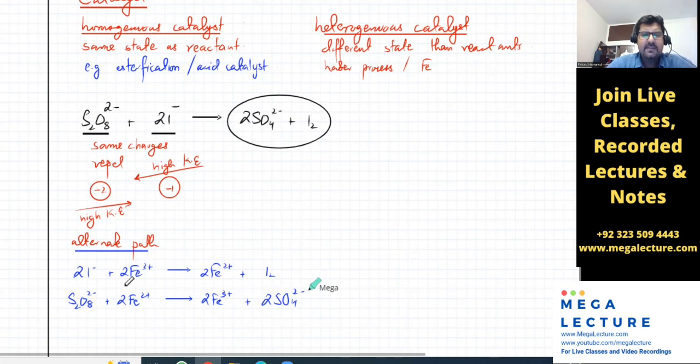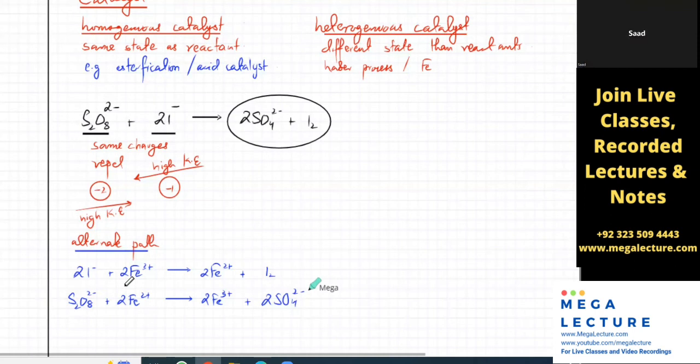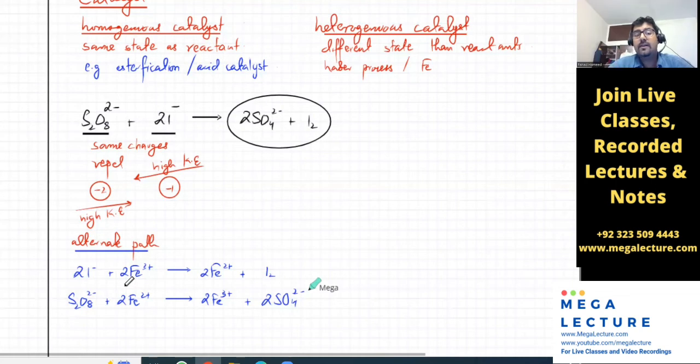So the equations, don't remember them. If there is a question, they'll give you the equations, but you need the functioning of how a catalyst might function. Is this example clear? Yes. So that's one way, alternate path.